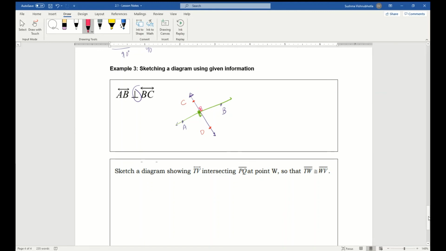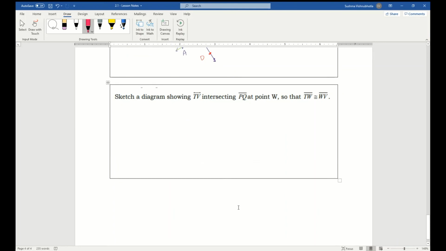Sketch a diagram showing TV intersecting PQ at point W so that TW and WV are congruent. Okay, so this is a lot. Sketch a diagram showing TV intersecting PQ at point W. I'm going to draw TV first.